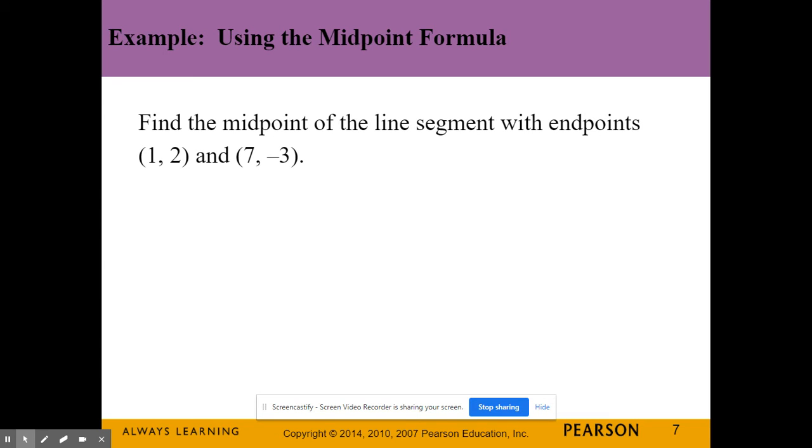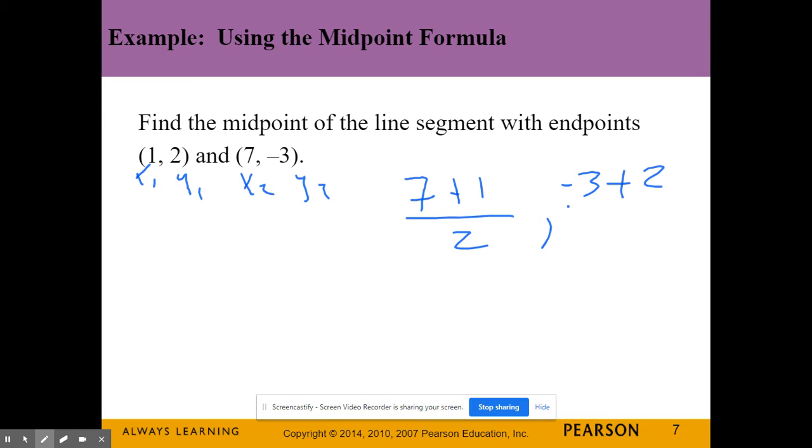Find the midpoint between those 2 points. Well, again, you've got your x1 and your y1 and your x2 and your y2. So for the x coordinate, 7 plus 1 over 2. And then for your y coordinates, negative 3 plus 2 over 2.